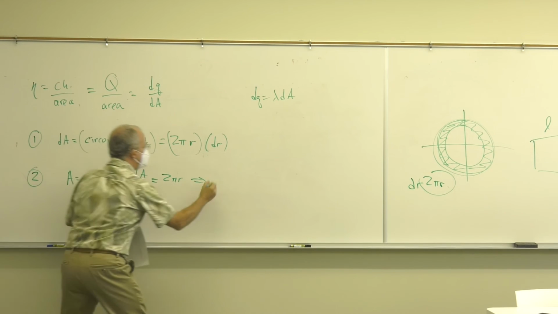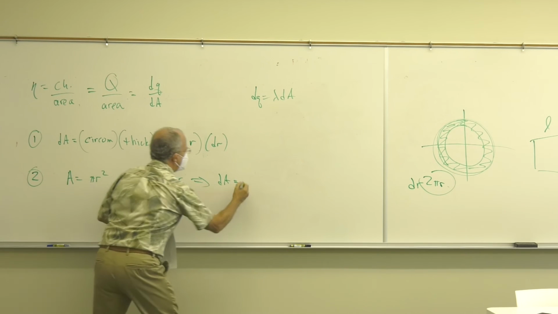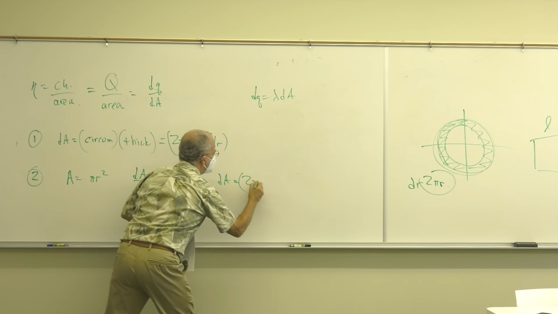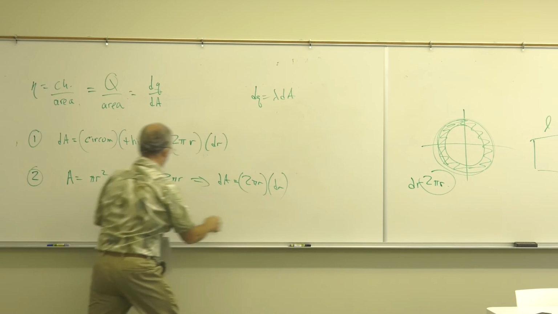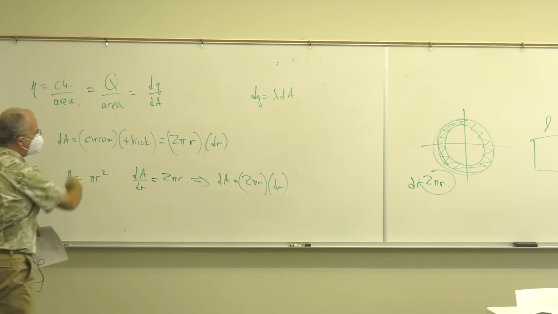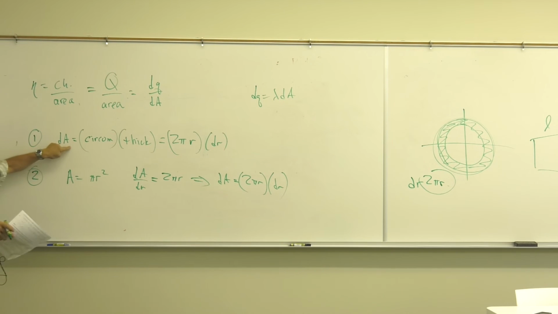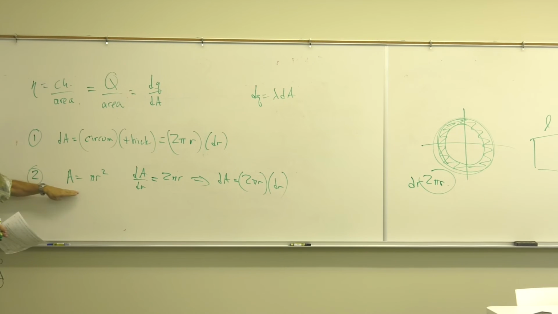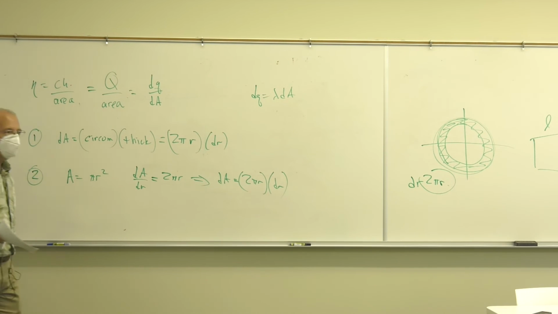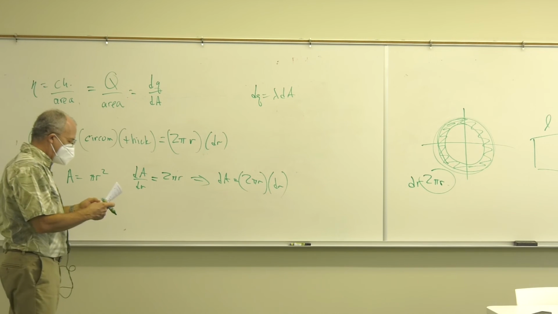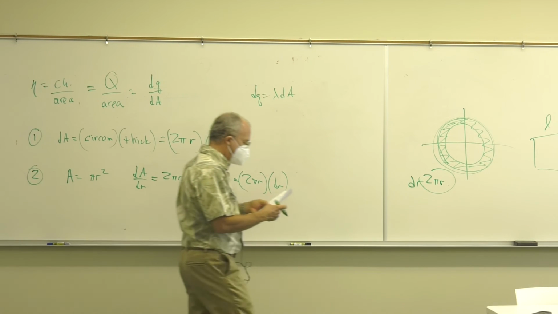That means that dA is 2 pi r times dr, right? So either way, I kind of like this way because you kind of see it. This one is just okay, but whatever you like, all right? Okay, awesome.